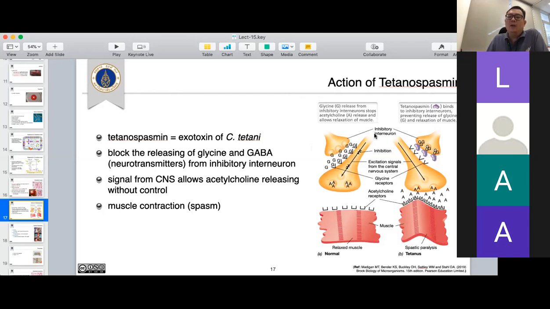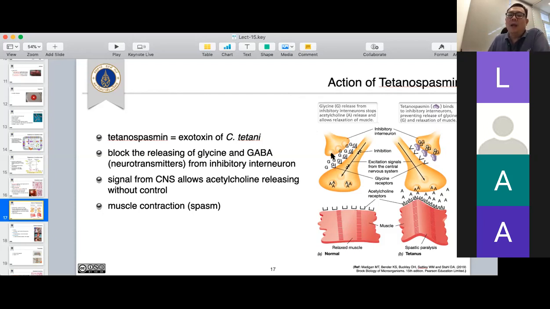Normally the motor neuron will send neurotransmitter here to the muscle. The neurotransmitter here is acetylcholine. But if they send acetylcholine, the inhibitory interneuron, I mean this one, will send another neurotransmitter. It is glycine and GABA, depending.